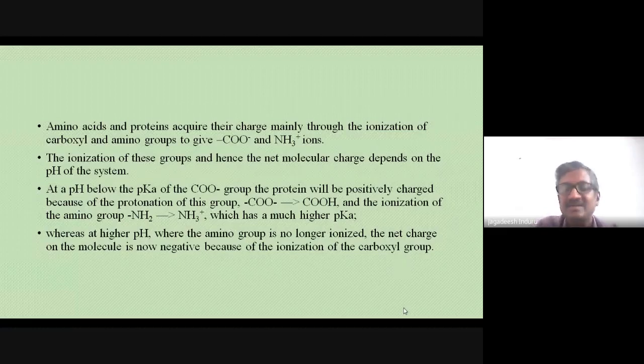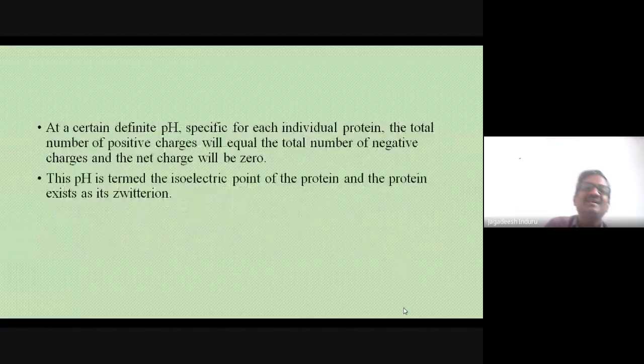The pH will change its ionization. Because of a particular change in the pH, the ionization of one of the functional groups will be varied depending upon the pH, whether it is acidic or alkaline. You are going to have a charged species. Again, it will behave as a surface charge.